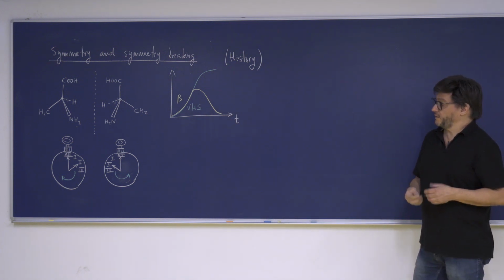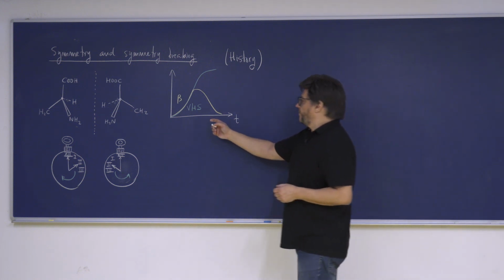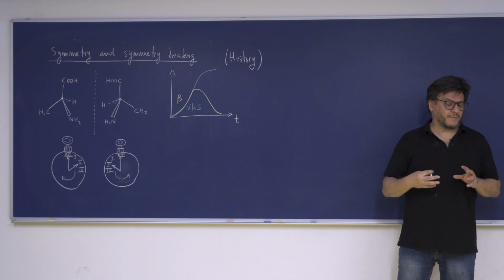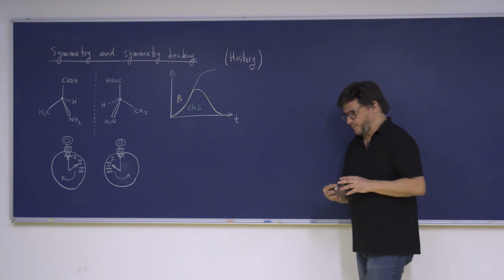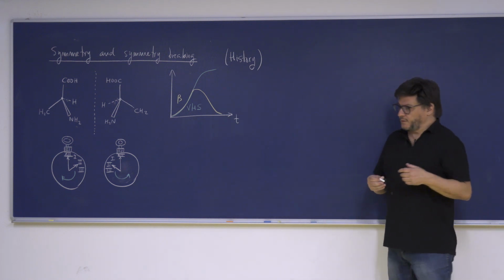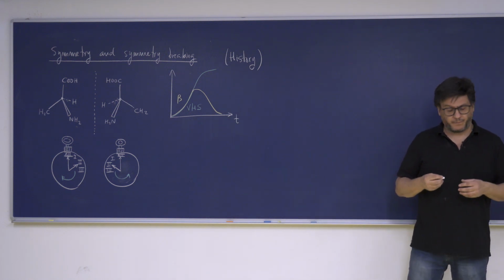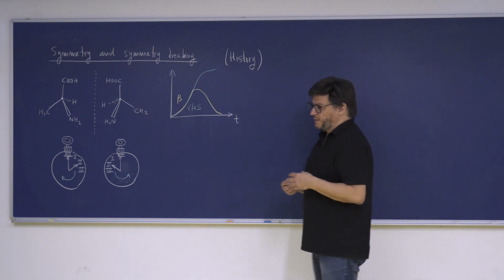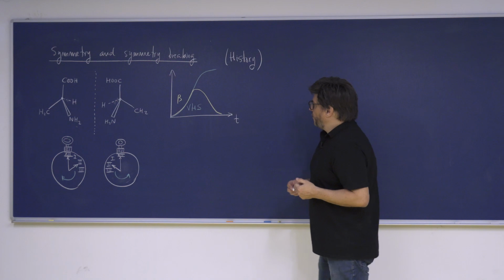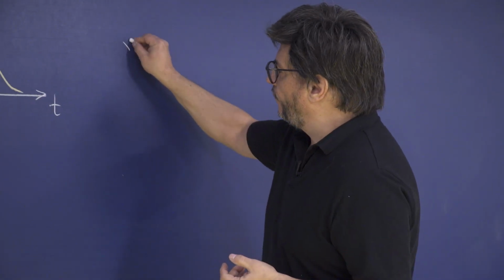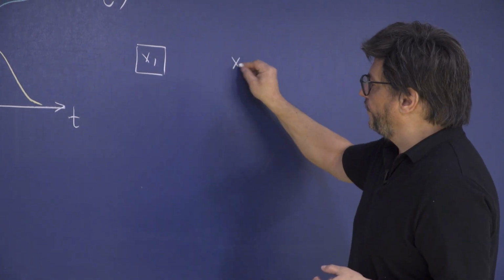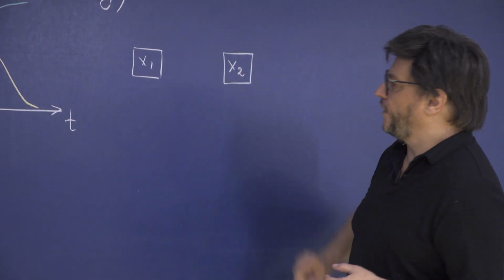Let me take as an example this system, which might seem not the best approach to considering biological systems, but it actually is. Imagine I have a population with consumers that can use one of the two designs. So let's call X1 the first population and X2 the second population.